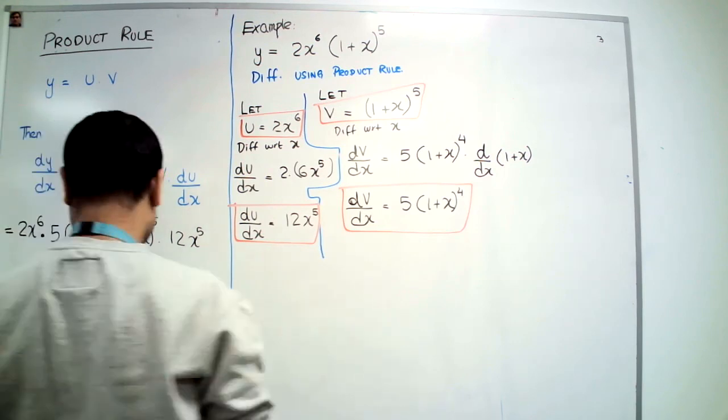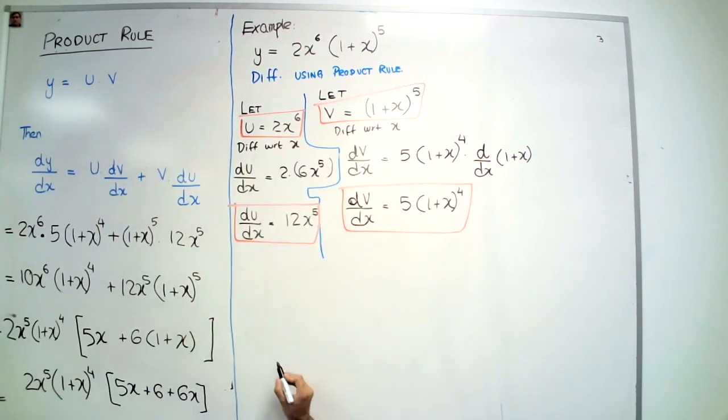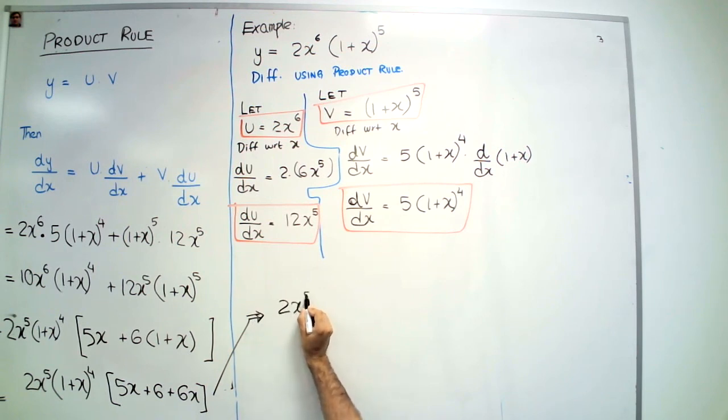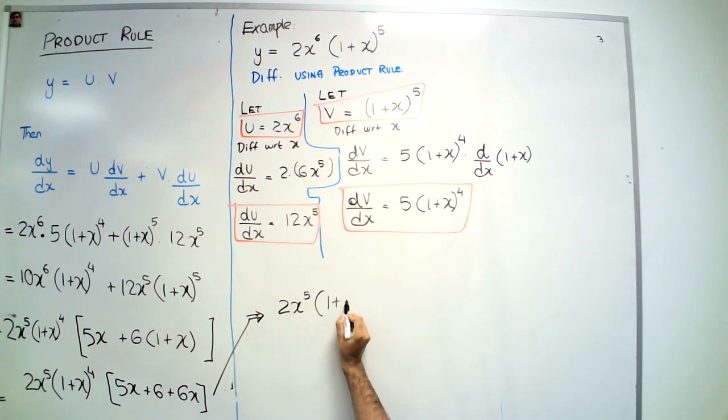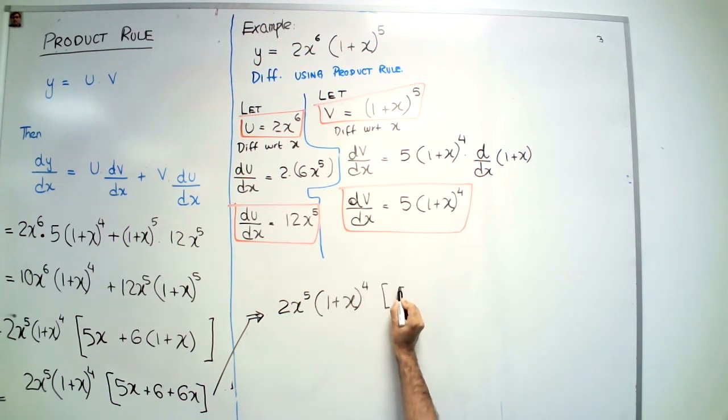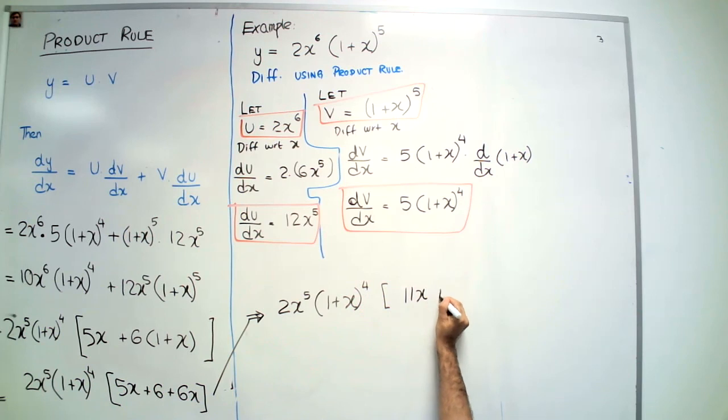So that will become 2x to the power 5, bracket 1 plus x to the 4, and that is 5x plus 6x, which is 11x, plus 6. This is your answer. So this is your dy over dx.